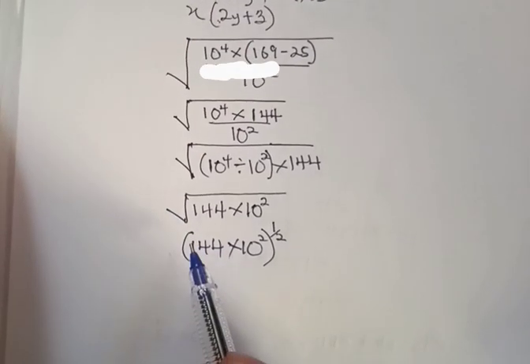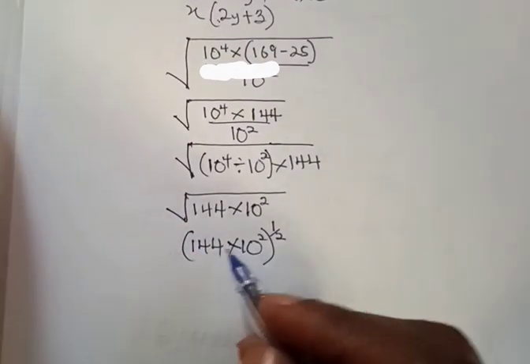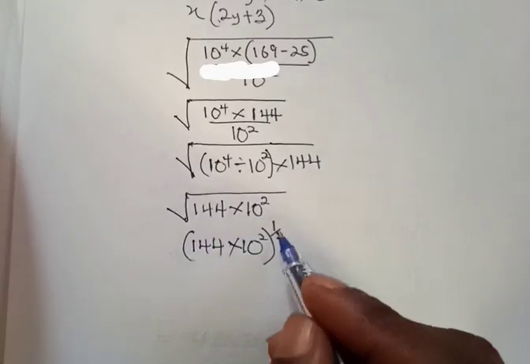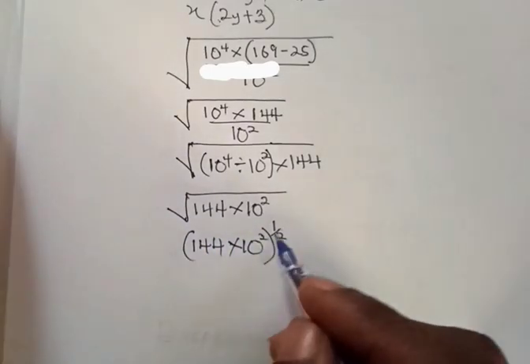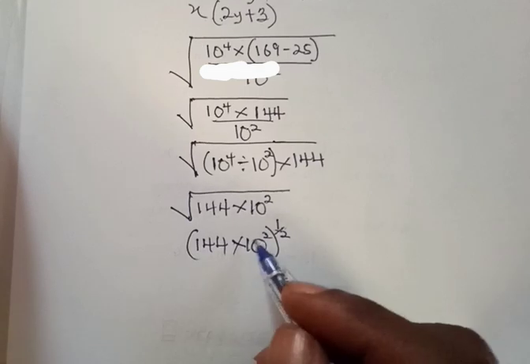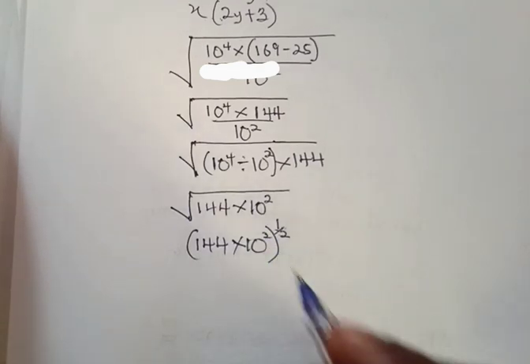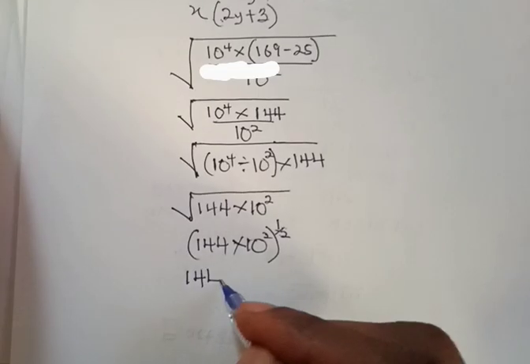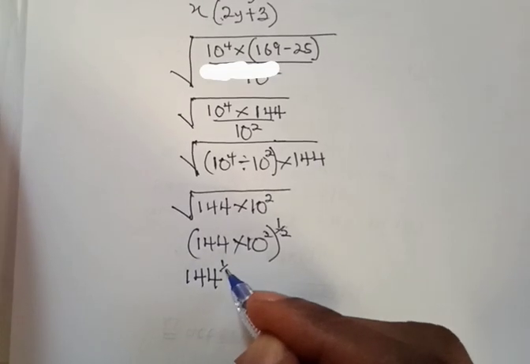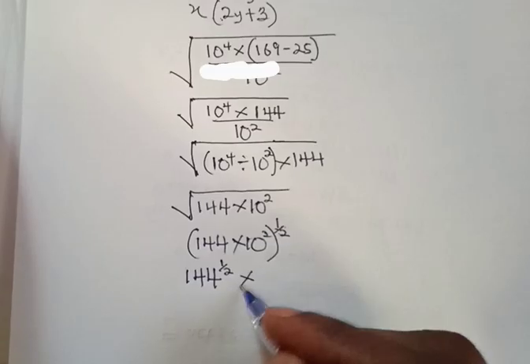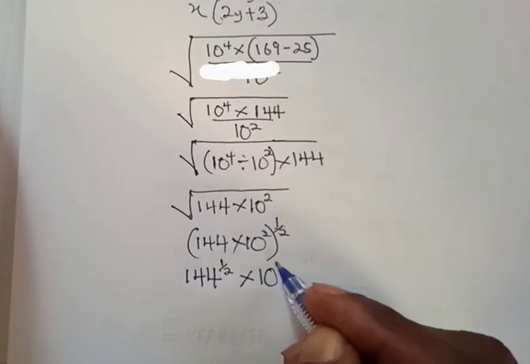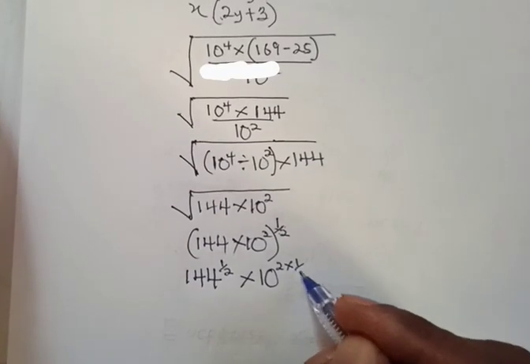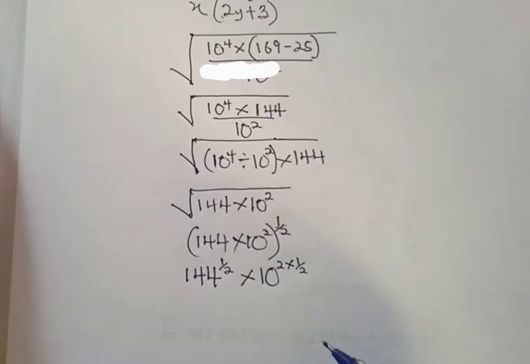So it means this is going to affect the whole of this. So it is going to affect this: 144 exponent half times 10 exponent 2 times half, like this. Have you gotten the point?